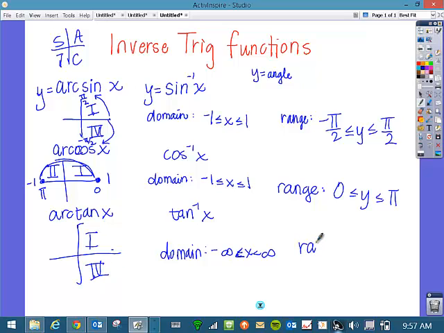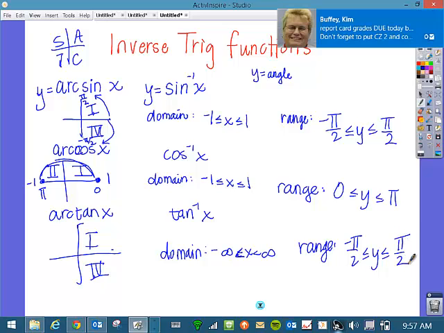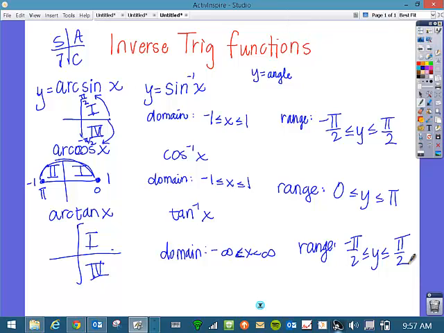And the range is going to be in between negative pi over 2 and pi over 2. So really the domain is kind of confusing. You just need to know which quadrants you can draw your functions in.